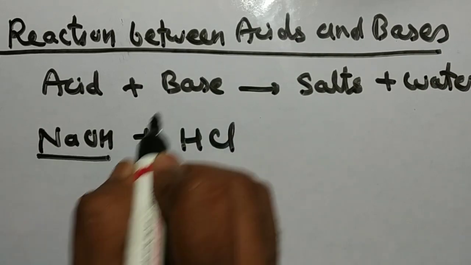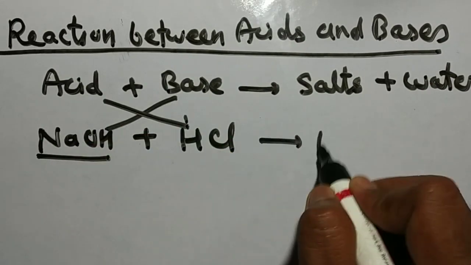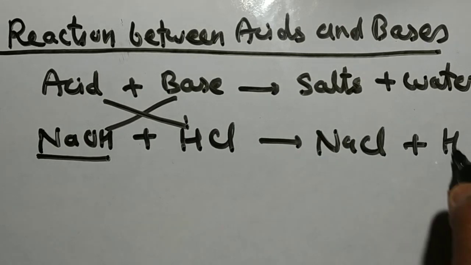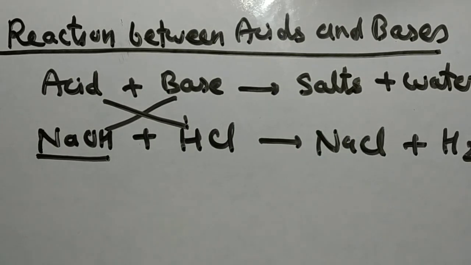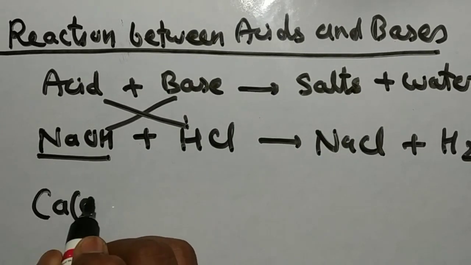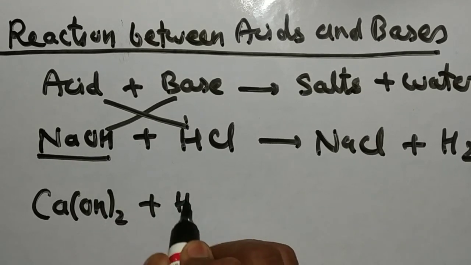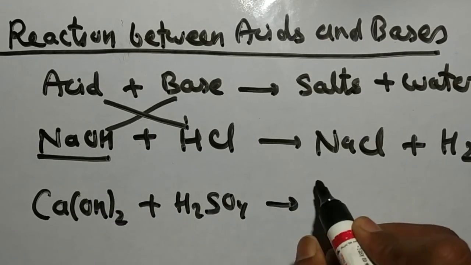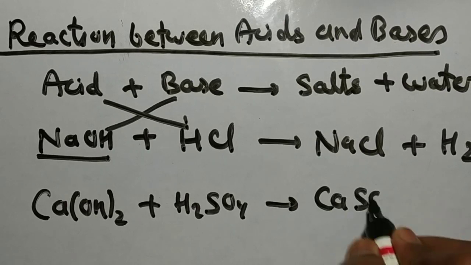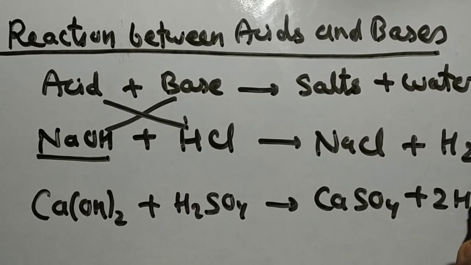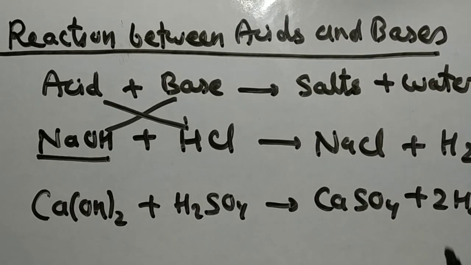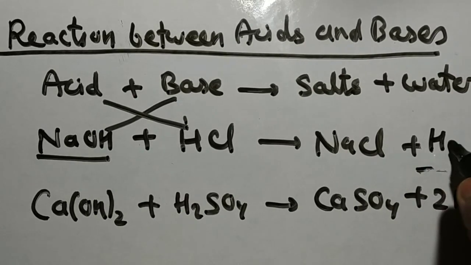This one is the base and this one is the acid. So we will get NaCl plus H2O. In the similar manner, Ca(OH)2 plus H2SO4 gives CaSO4 plus 2H2O. So it means that at the last they are always getting the H2O. They are always writing the H2O.